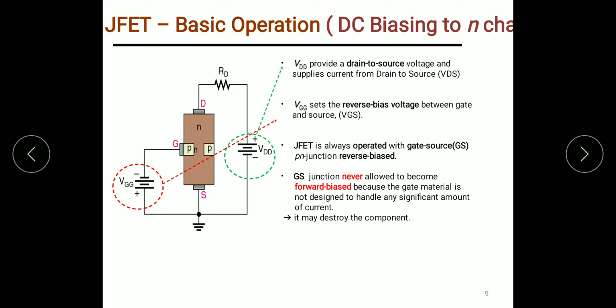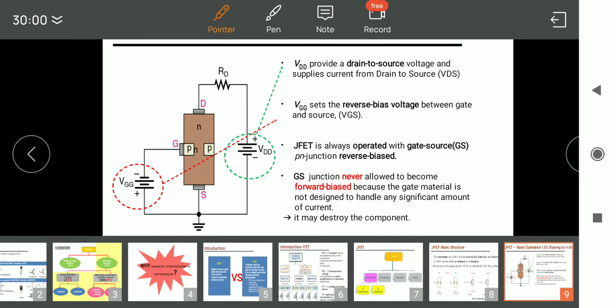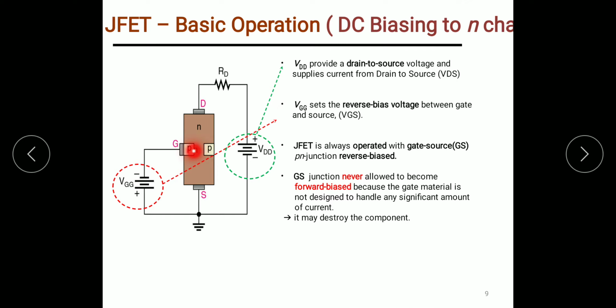So let's start with the biasing. We have already completed the BJT biasing, isn't it? These biasing conditions are required to operate the transistor in the desired region of their characteristics. Here we need two supplies for biasing two junctions. We have this one PN junction and the another PN junction.